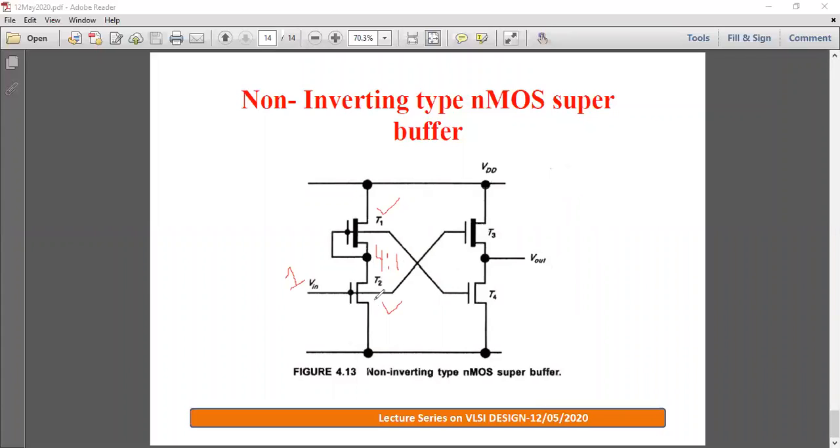Since pull down has less delay, Vin 1, pull up on, pull down on, ratio is 4:1. Pull down has less delay, hence the output of a first stage will be 0. Both sections are on, but since pull down has less delay, the output node will be pulled towards ground. Hence T4 device will be in off state.